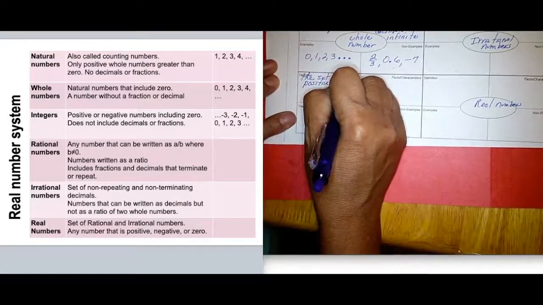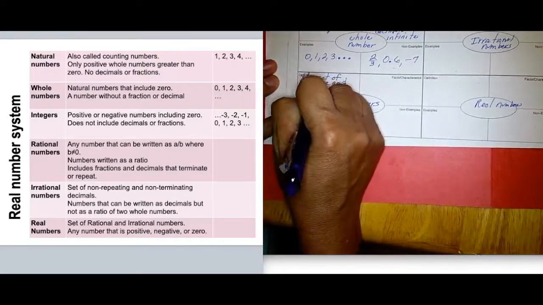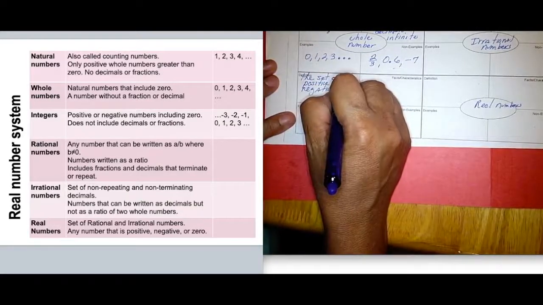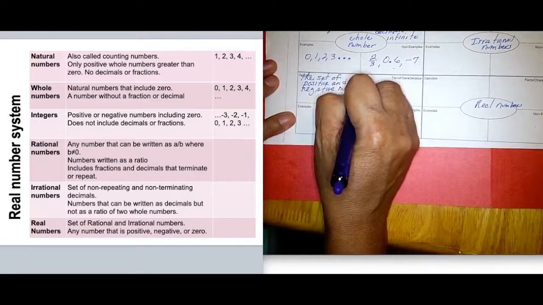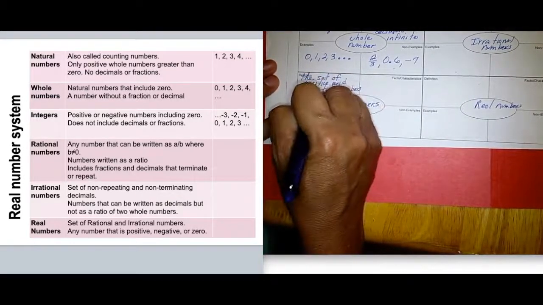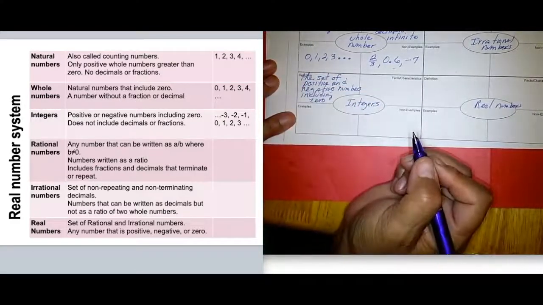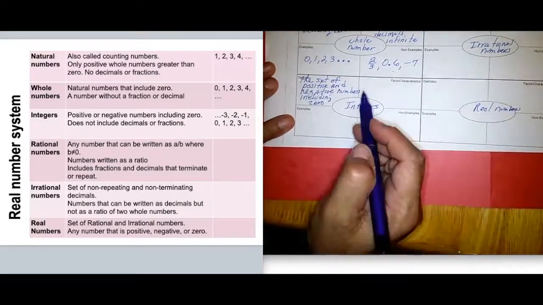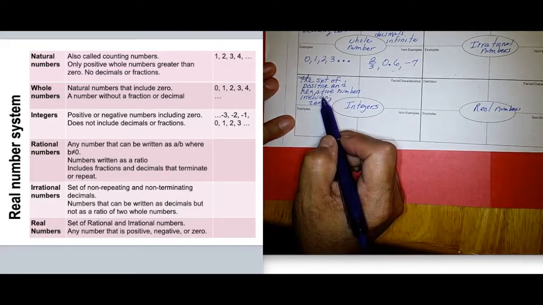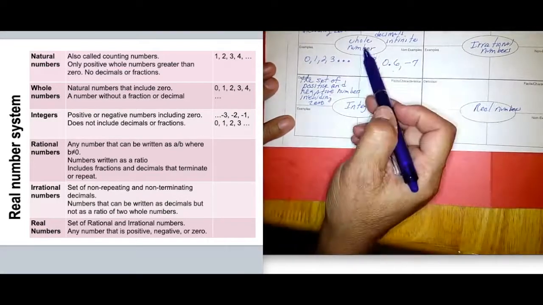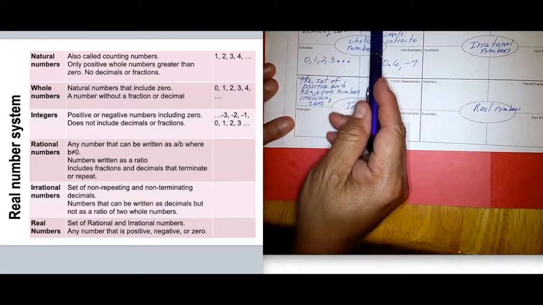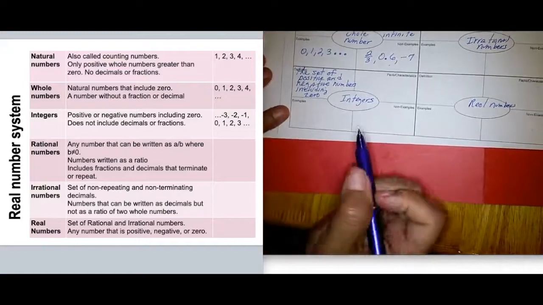The set of positive and negative numbers, including 0. Now, our students at a young age may not know about positive and negative numbers, or you're barely introducing that. You could say the set of counting numbers and their opposites, or the set of natural numbers and their opposites.